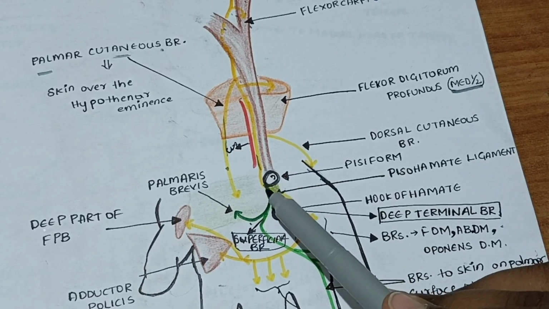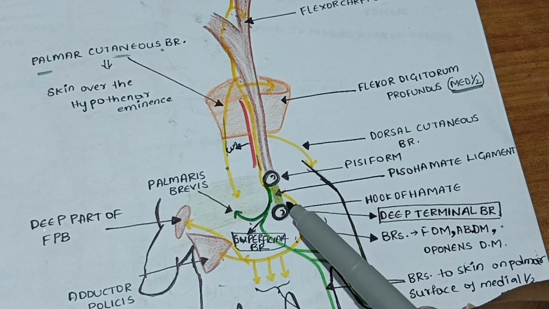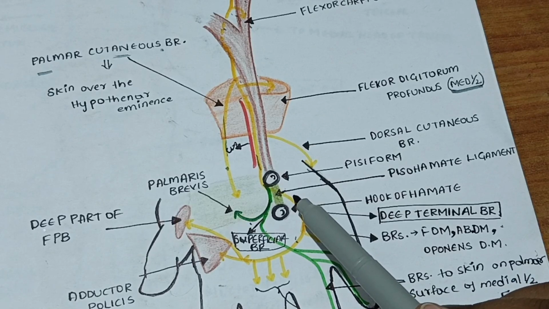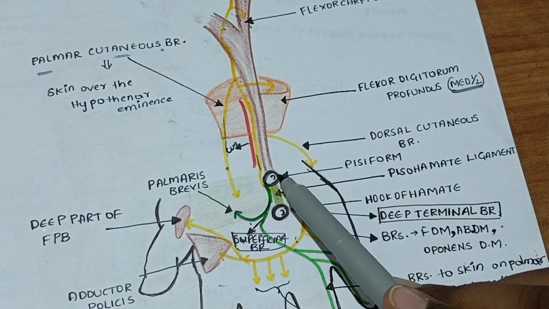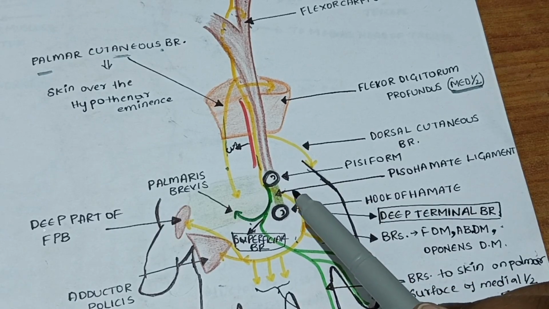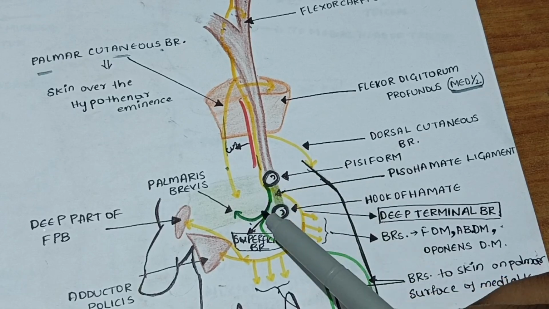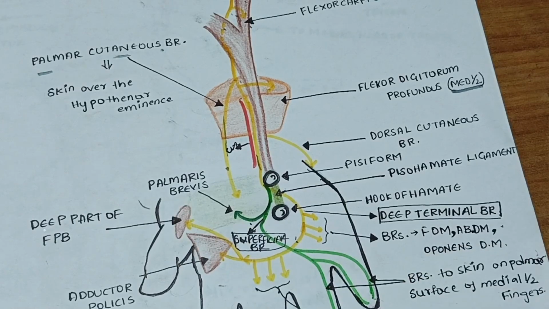The deep branch crosses between the pisiform and the hook of hamate under cover of the pisohamate ligament, a ligament extending between the pisiform bone and the hook of hamate. These are the carpal bones. The superficial branch supplies the palmaris brevis.